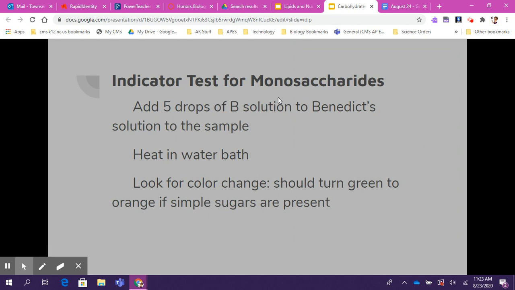All right, so what I'm going to do is walk you through quickly a couple of tests that scientists do to check whether there are polysaccharides or monosaccharides in substances.